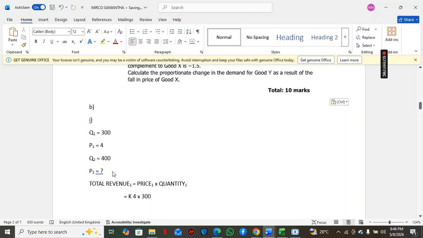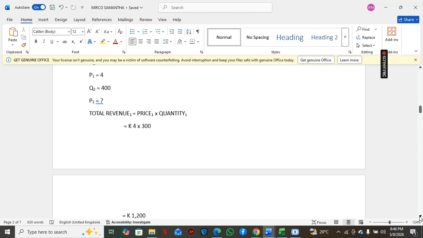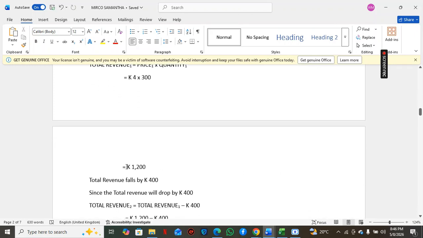Okay. So first things first, let us calculate the total revenue first. Remember, total revenue is price times quantity. So you're going to say 4 kwacha times 300 units. Total revenue is 1,200. Now in the question, they told us total revenue falls by 400 kwacha. So it means this 1,200 is going to fall by 400 kwacha.